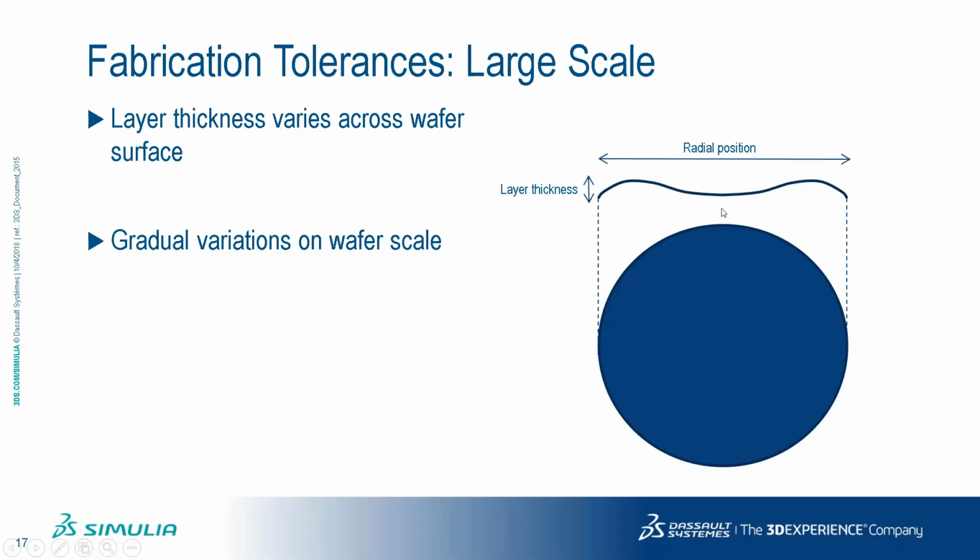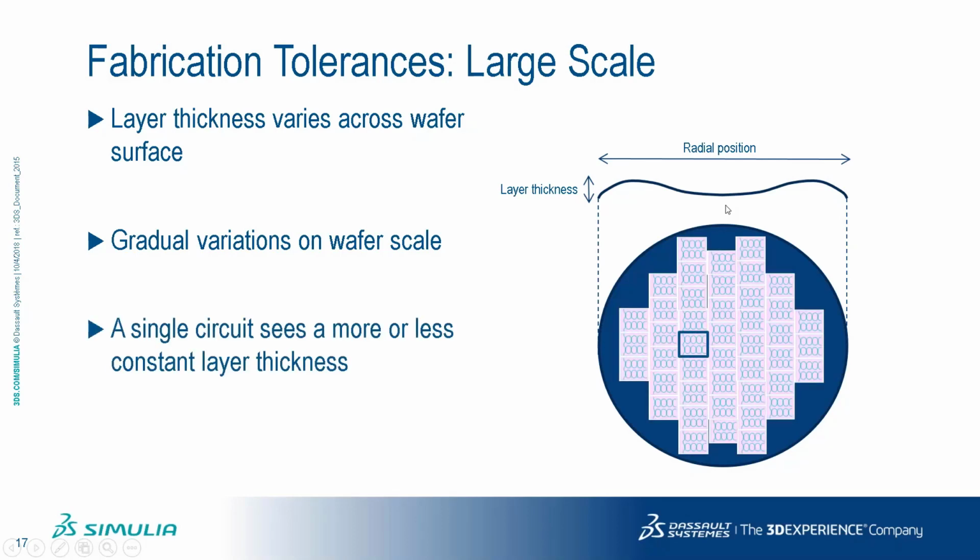If you now take the circuits and you put a bunch of them on your wafer everywhere, and then you look at a single circuit in that whole mass of all the circuits, then you can see that for this single circuit, there's almost no variation in the layer thickness. But if you go to a circuit at a different position on the wafer, then you will see a variation.